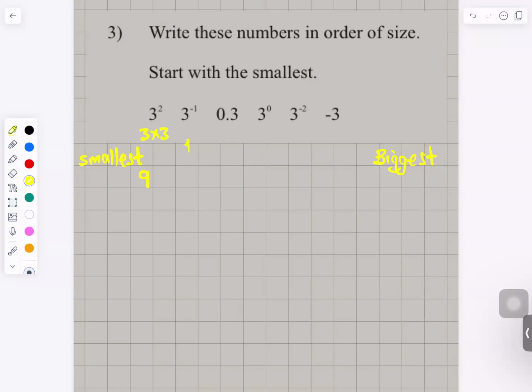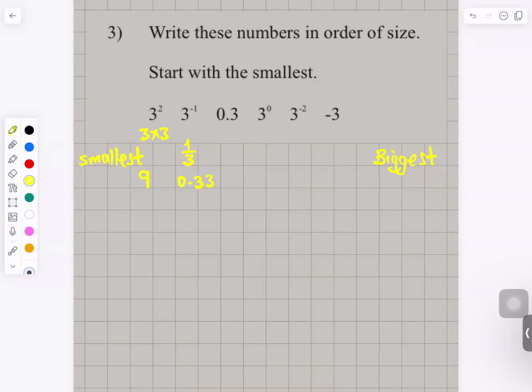3 to the minus 1 is 1 over 3. And 1 divided by 3 gives you 0.33 recurring.